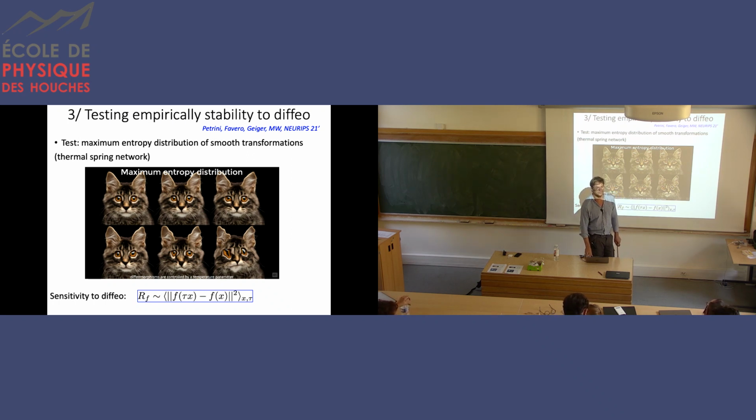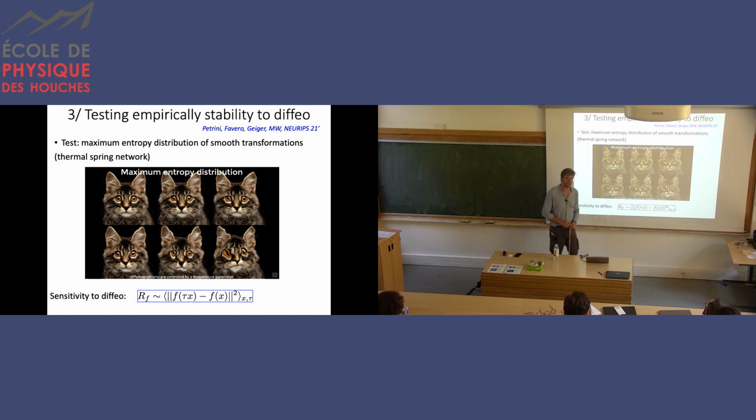But this also has a negative side, right? A small RF, when it's normalized by the Lipschitz constant, could also imply that the adversarial perturbation can be much worse than this nice deformation.